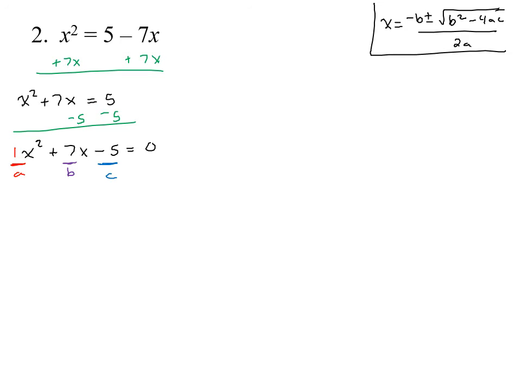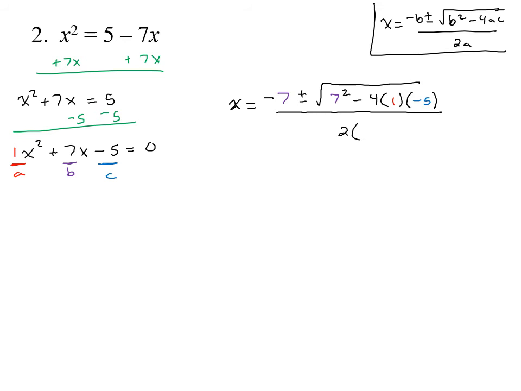And so I will say that x equals negative b, which is negative 7, plus or minus the square root of b, which is 7, squared minus 4 times a, which is just 1, times c, which was negative 5, all divided by 2 times 1.